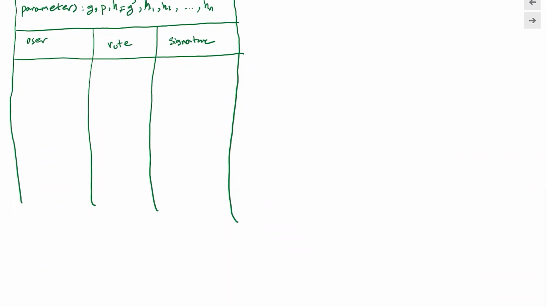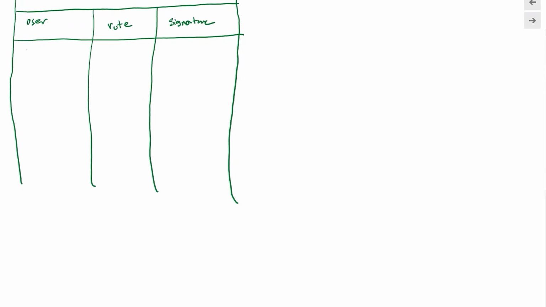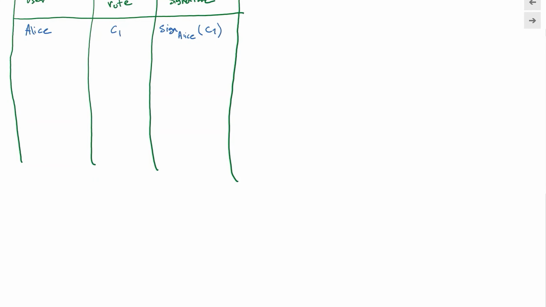Okay. So now that we have set up our system, now users can show up to cast their votes. For example, Alice would come and say that this is my vote C1 and this is my signature, signed under Alice's key of C1 so that nobody can change it.